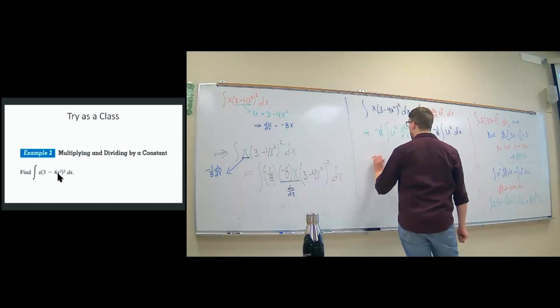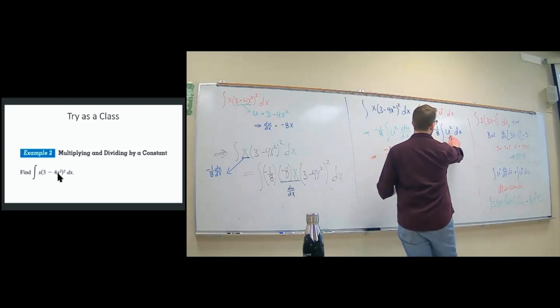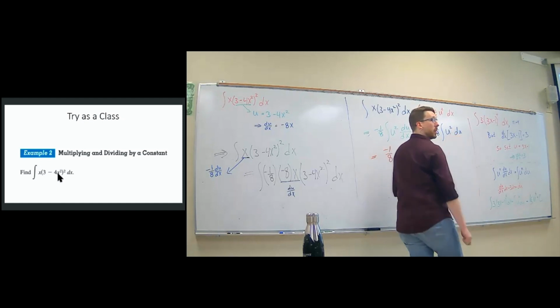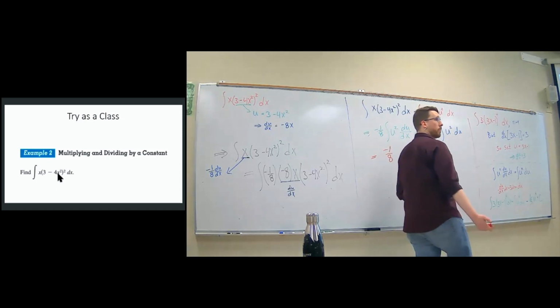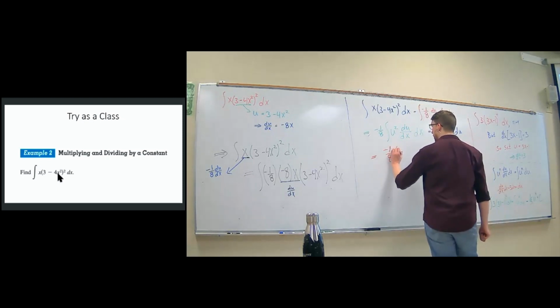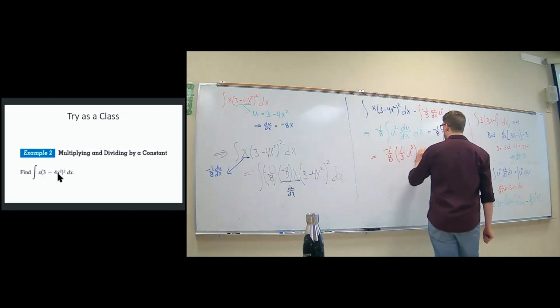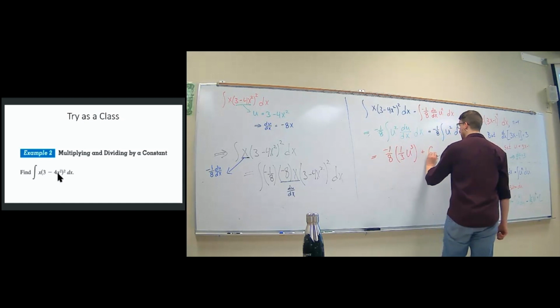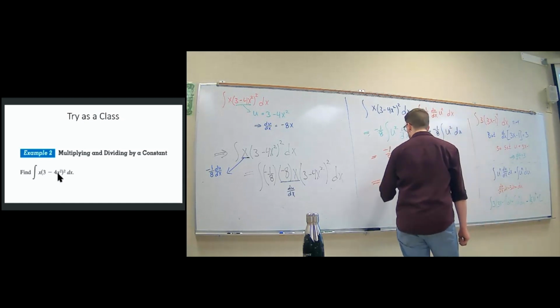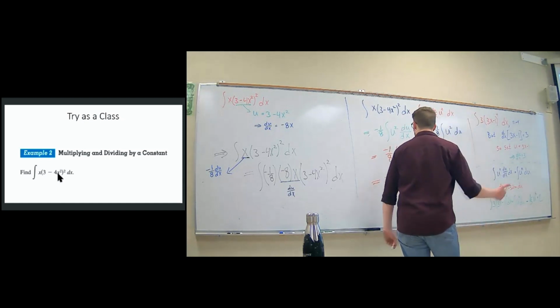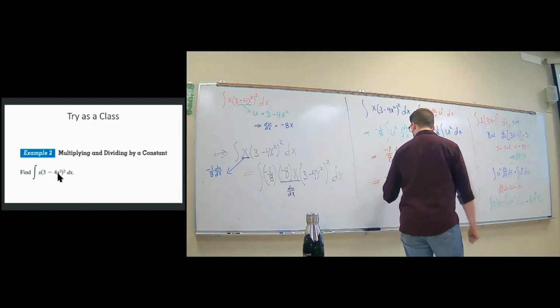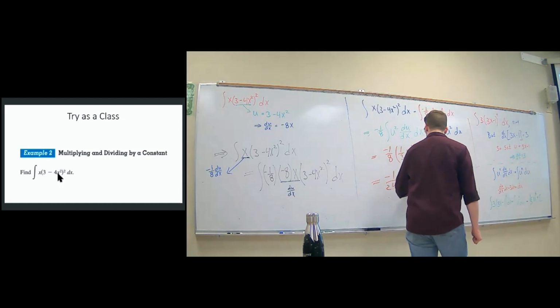This comes out to be -1/8. The integral of u squared with respect to u is going to be 1/3 u to the third, right? Plus a constant. Or -1/24 u to the third plus a constant.